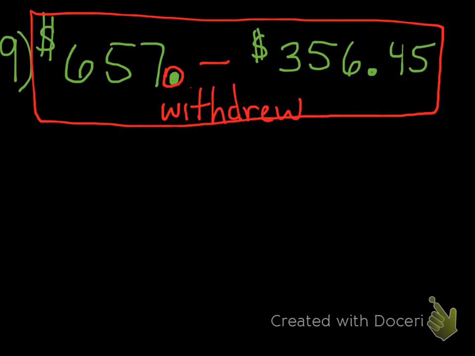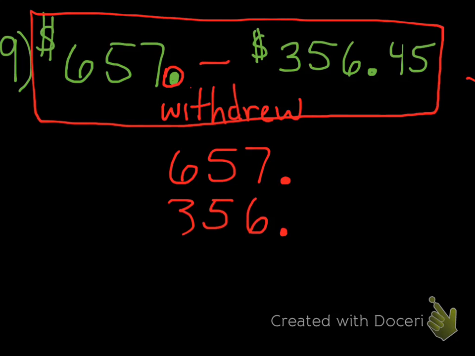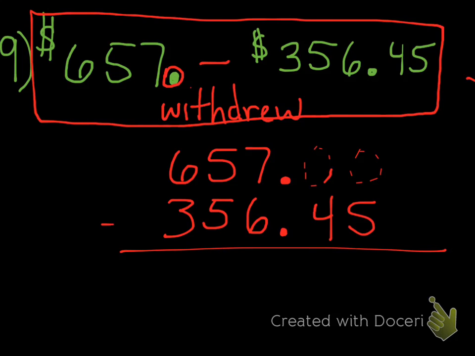What we're going to do is rewrite this. When you rewrite it, remember, start with lining up your decimals. Most important, addition, subtraction. Line up your decimals. So, now we're going to have to do a little borrowing to answer it.